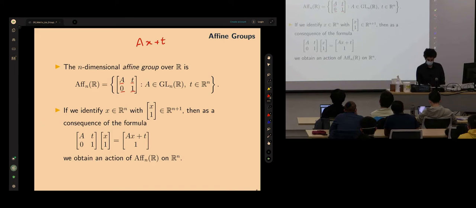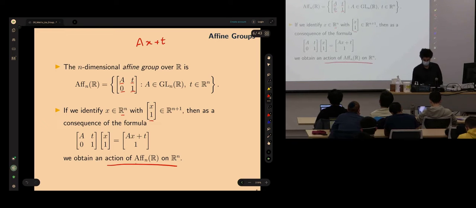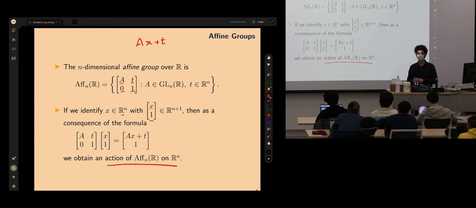transformations. Now, for every vector in Rn, if we append the vector with 1, we can get the action of the affine group on Rn. So this is technically, when a matrix is multiplied by a vector, the action of that group on that vector space.